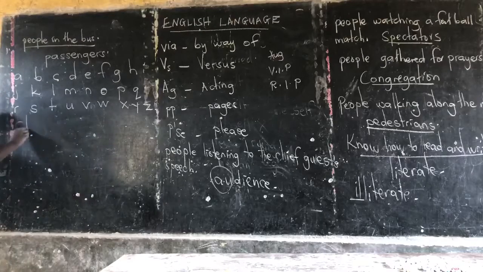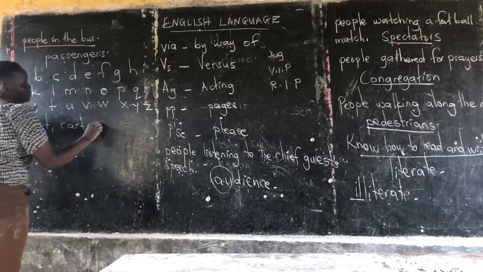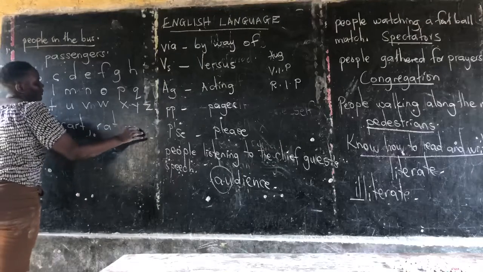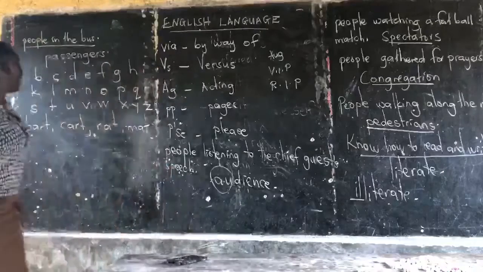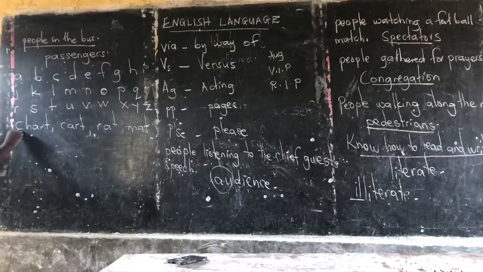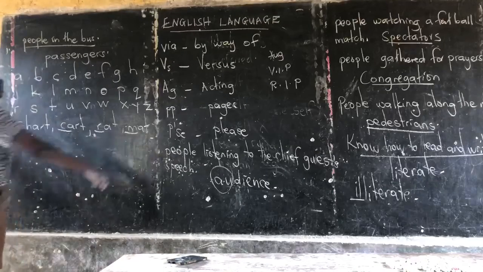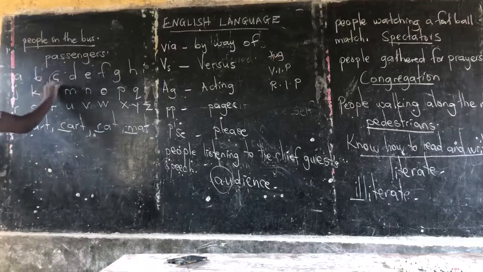They have charts, cards, and months. We have the words. Which letter comes first? We are having C, C, R, and M. I hope C is coming first.